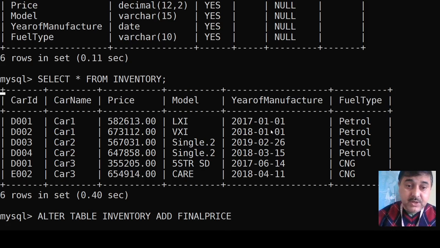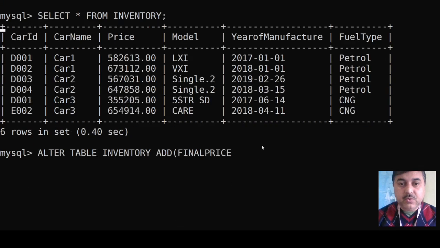As soon as you give ADD, we have to open a bracket, isn't it? Add final price, this is the final price column that we are going to add. After this final price, what will be the data type of it? Suppose decimal.